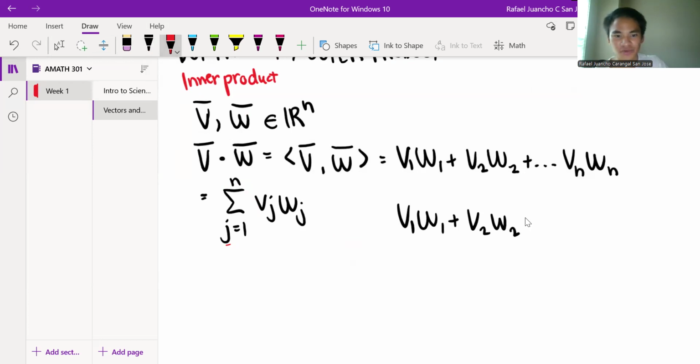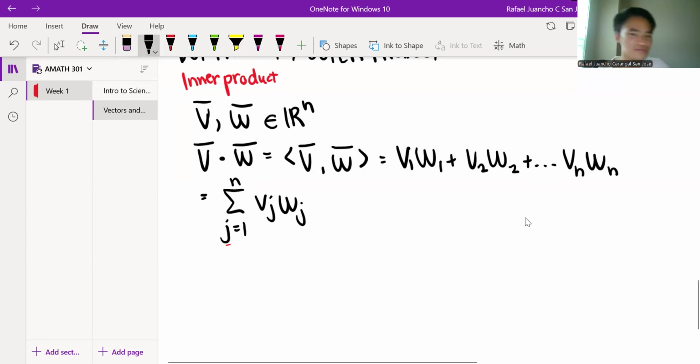At first J is 1, we plug that in here, so V1, W1. Then J is 2, we pop the 2 in there, so we have V2, W2. And we go all the way until we reach N. J is now N, we plug in the N here, so Vn, Wn. So that's the idea of summation.